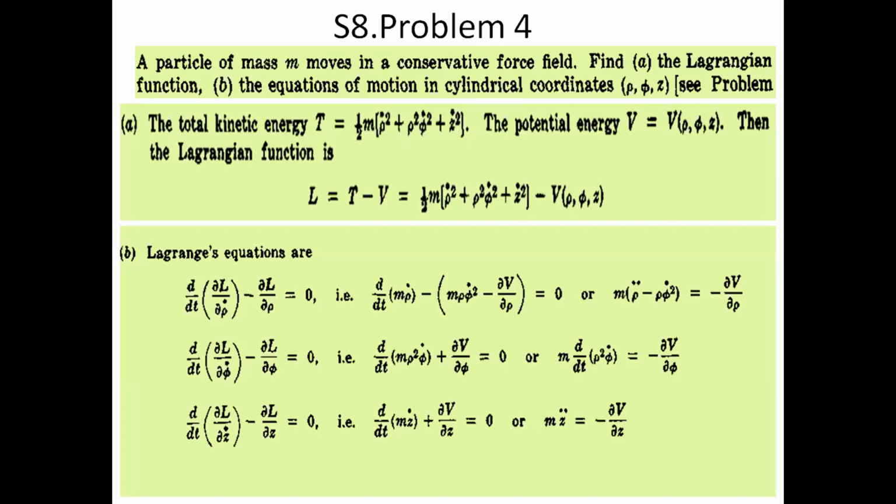I am sure all our students are familiar with the mathematical physics chapter of curvilinear coordinates, where one had discussed cylindrical polar coordinates and spherical polar coordinates. In cylindrical polar coordinates, kinetic energy will be as shown, and potential energy, of course, is a function of rho, phi, and z.